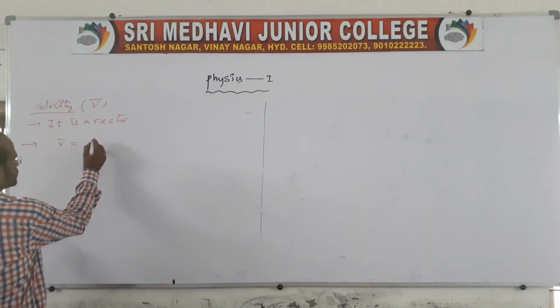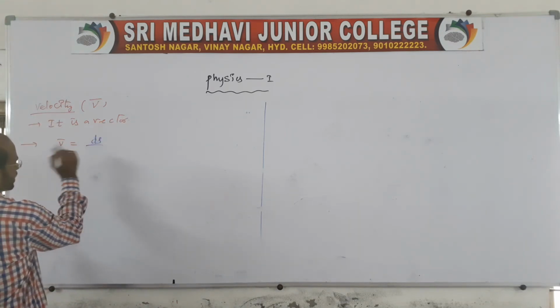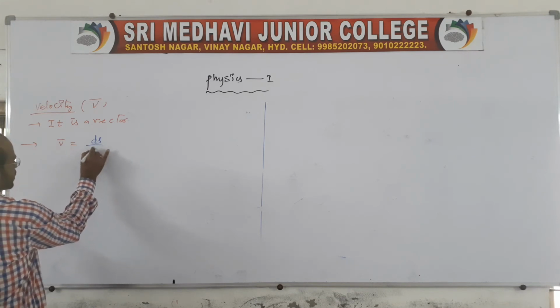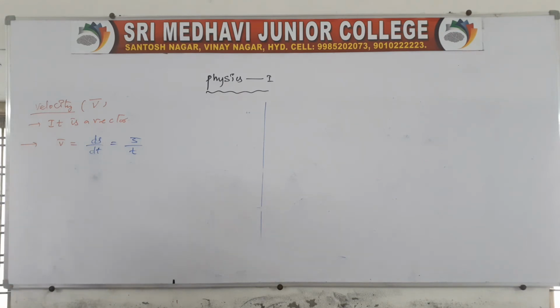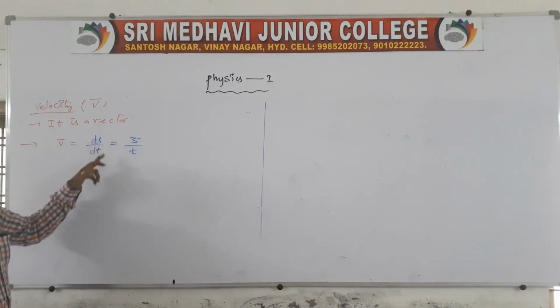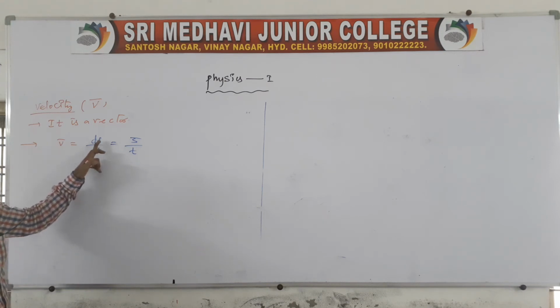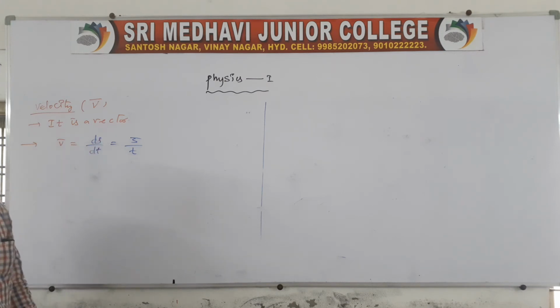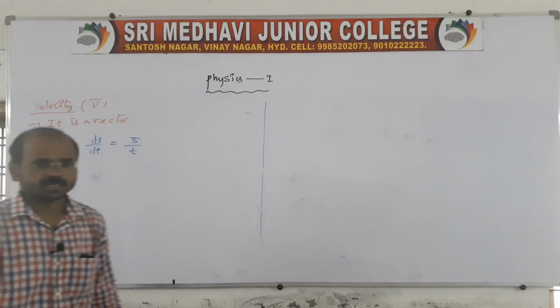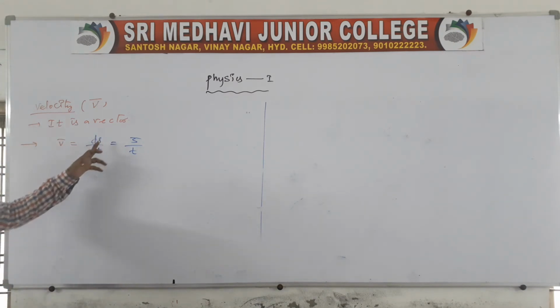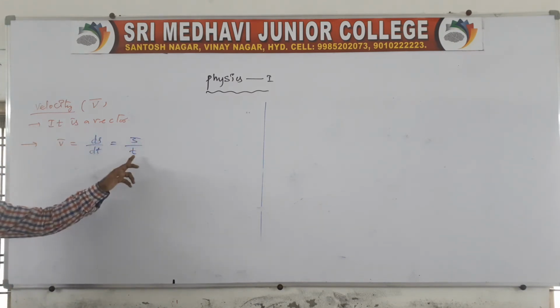Rate means with respect to time, so we can write ds by dt, or we can say s bar by t. So with respect to time, the displacement of a particle changes, and we call that velocity. That's why you write v bar, because it is a vector. So v bar is equal to ds by dt, that is s by t we can say.